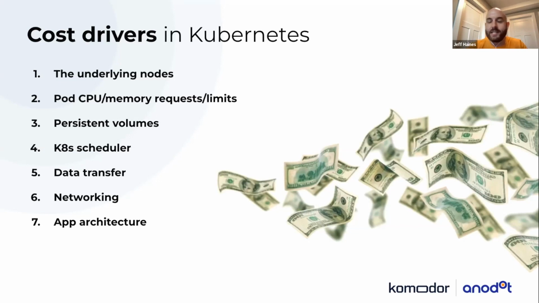We'll briefly dive into each of these and explain how each one contributes to your overall Kubernetes costs. And then I'll outline key criteria for driving organizational visibility into each and optimizing each.